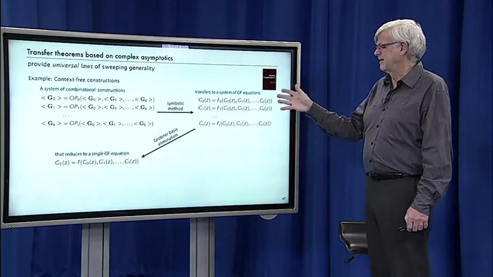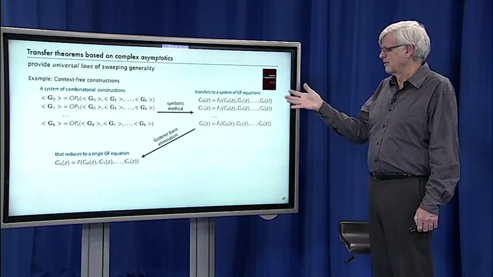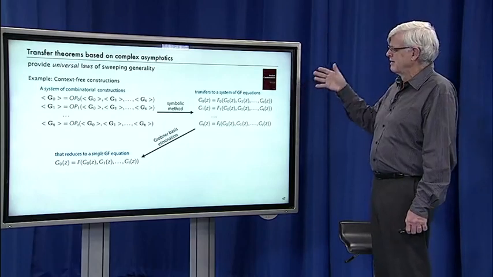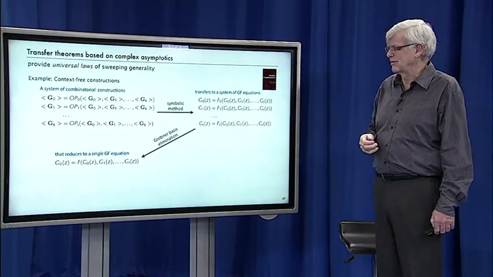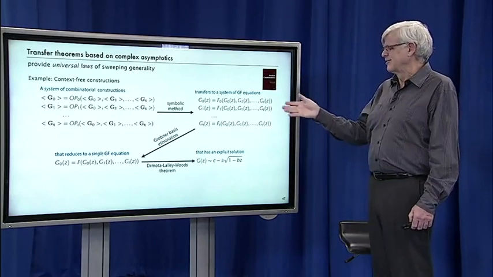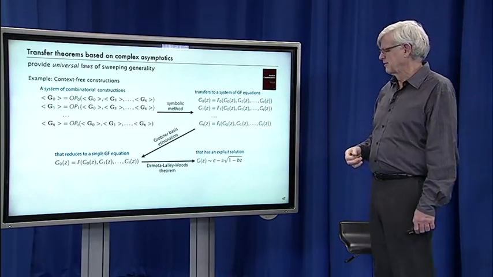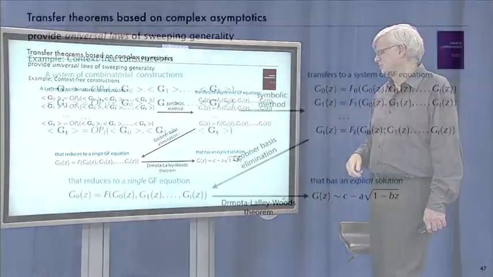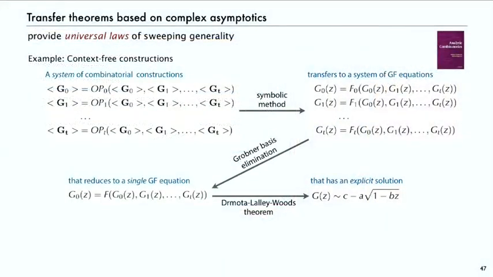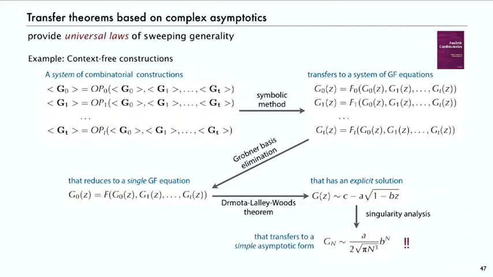But in fact, there's a method called Gröbner basis elimination that reduces those all down to a single generating function equation. And not only that, there's a theorem called the Drmota-Lalley-Woods theorem that shows that there's an explicit solution to that equation. That equation has a square root, and this is in the complex domain, and there's a process called singularity analysis that immediately gives a simple asymptotic form.